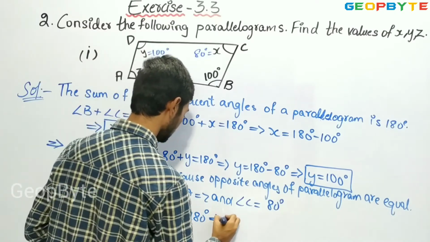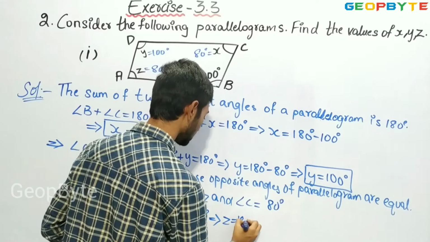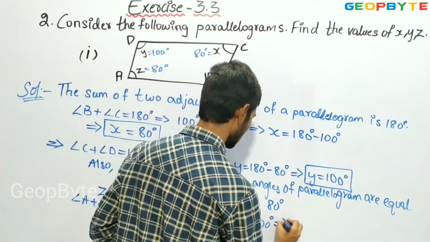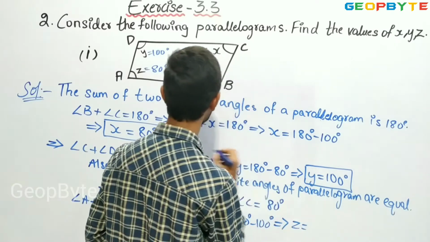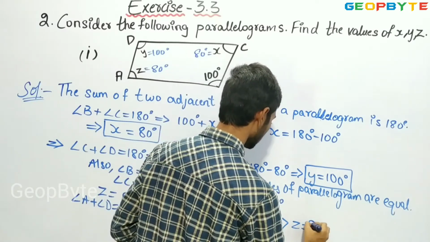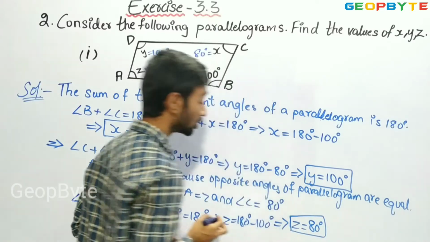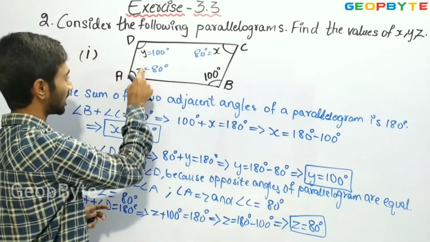That implies z equals 180 minus 100 degrees. That implies z equals 80 degrees. So we have two methods to find the values of y and z.